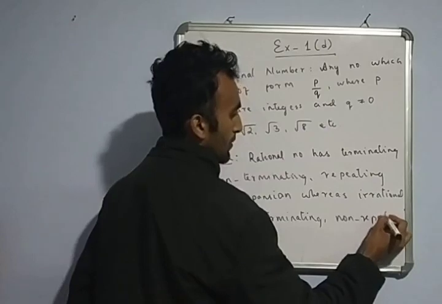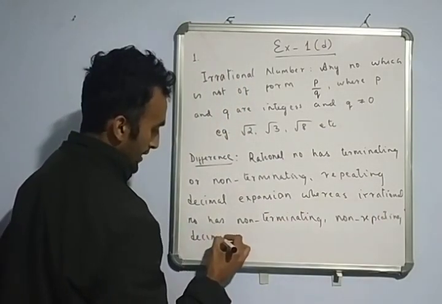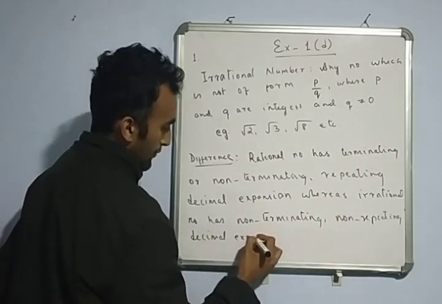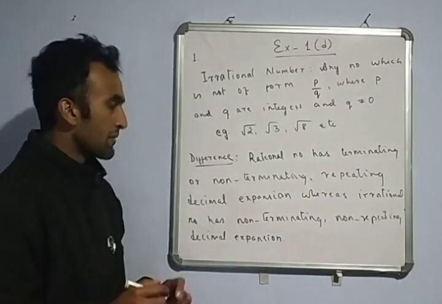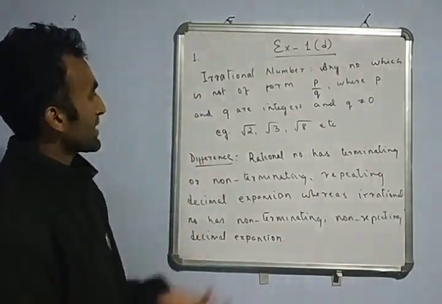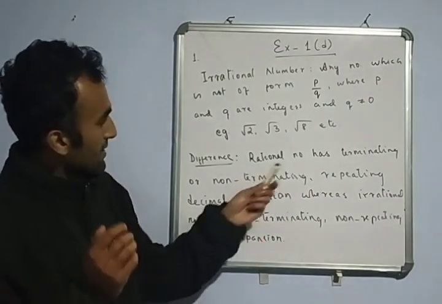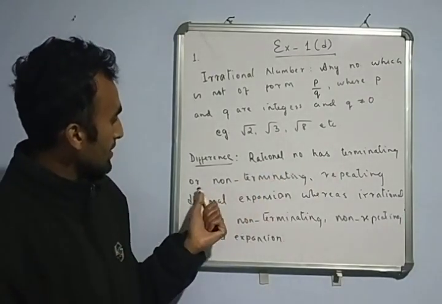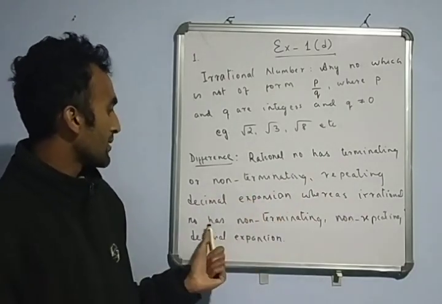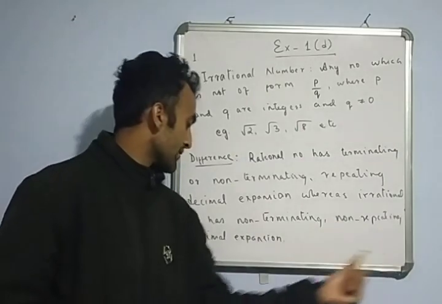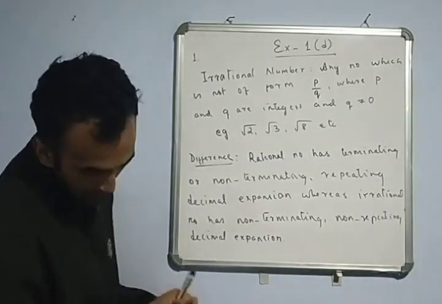Rational number has terminating or non-terminating repeating decimal expansion, whereas irrational number has non-terminating, non-repeating decimal expansion. I have already given you this in the introduction video of irrational number. The difference you can see there also, but I am writing here again. So you can just pause the video to note it down.